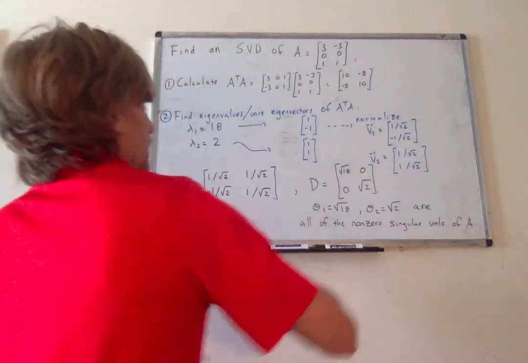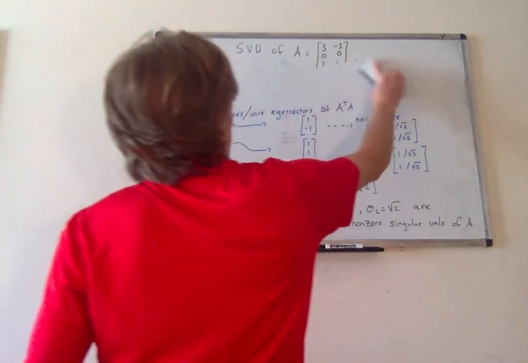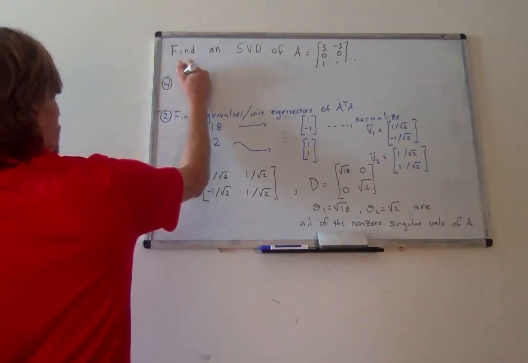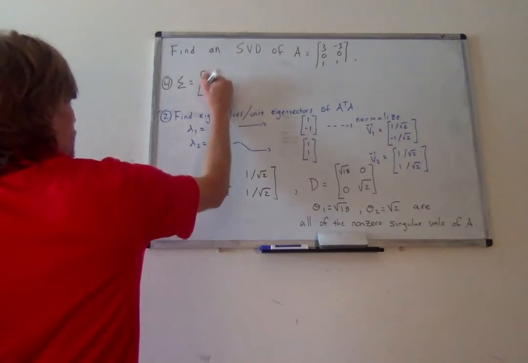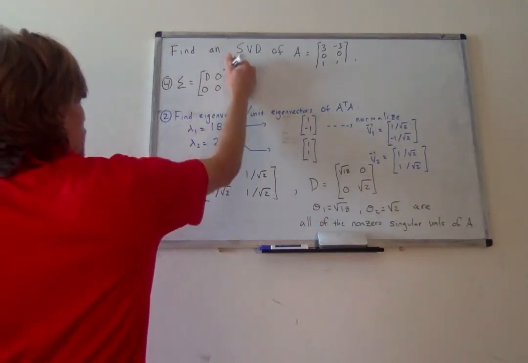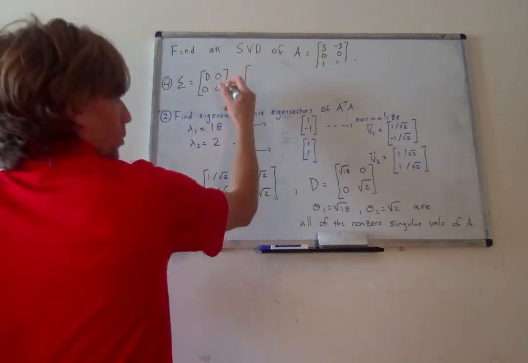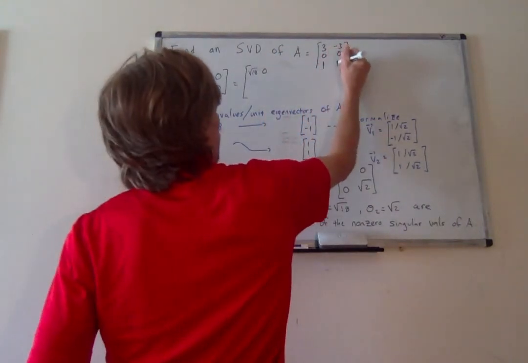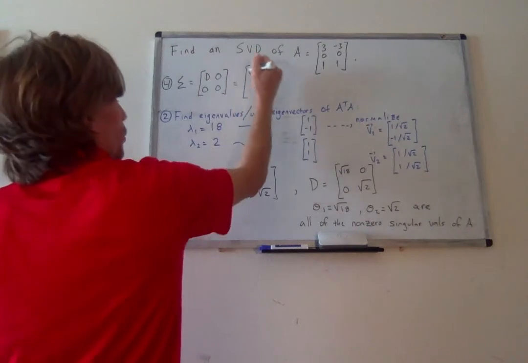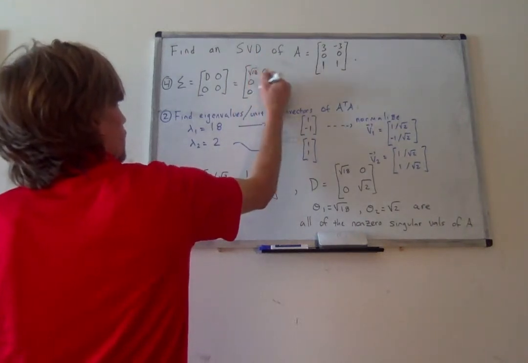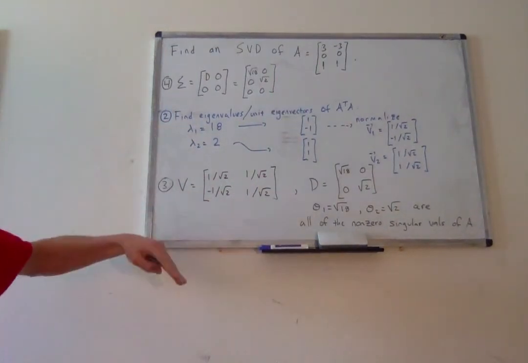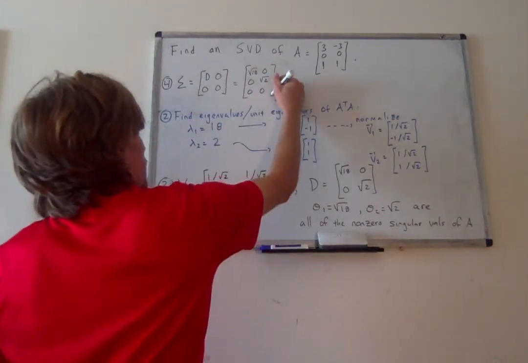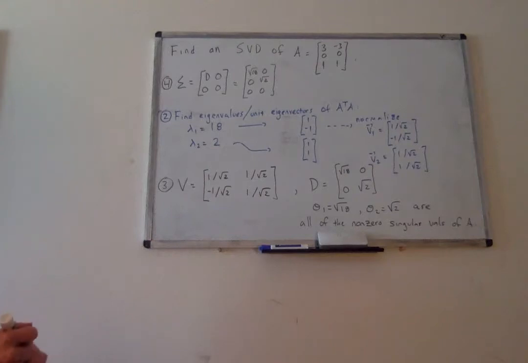All right, so next step, we want to fill in the matrix sigma so that it has the same dimensions as A. Notice what we want to do is just add zeros to the rows below D or the columns to the right of D to make sure that sigma has the same dimensions as A. In this case, D was a 2 by 2 matrix.